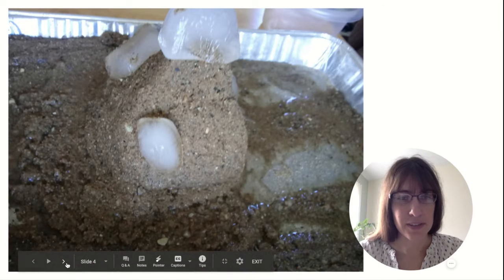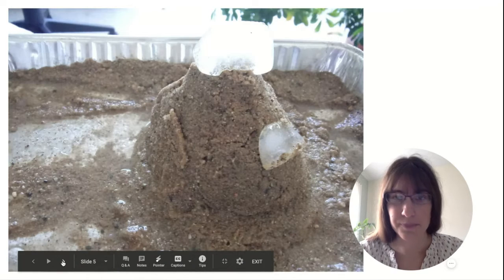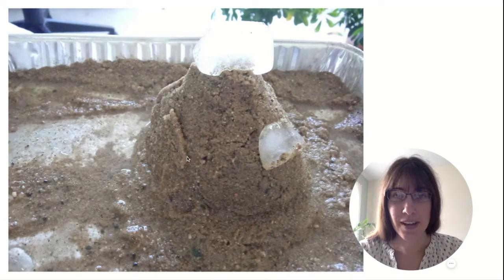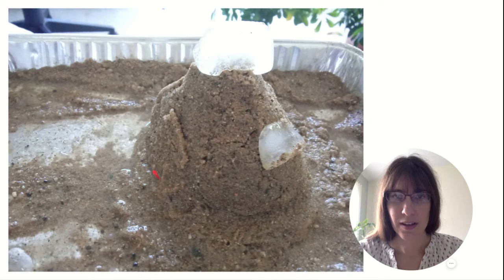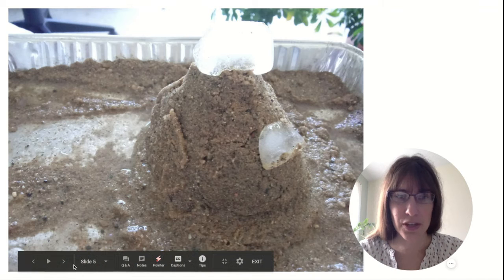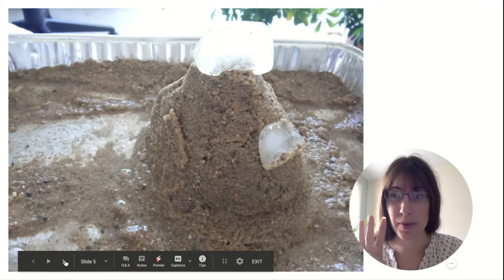All right, are you noticing any changes to the land? Here's the next picture. You can see this one totally melted. And I'm looking right here and I am noticing, are you noticing some changes right here? It kind of pushed the land and moved it, didn't it? So that's something you're going to think about when you're drawing your picture in box number 3.